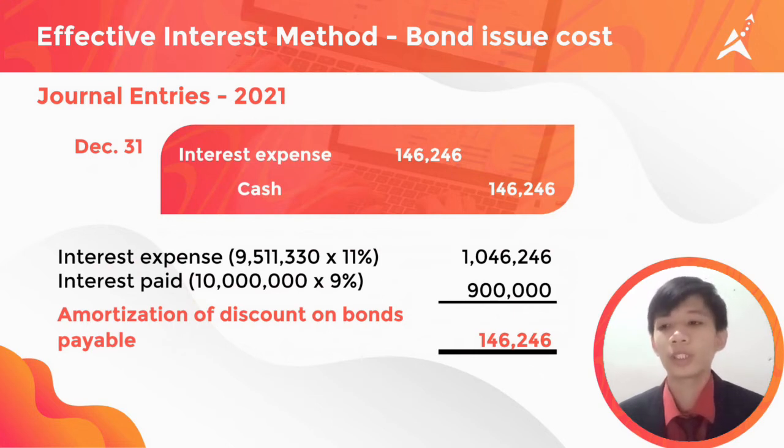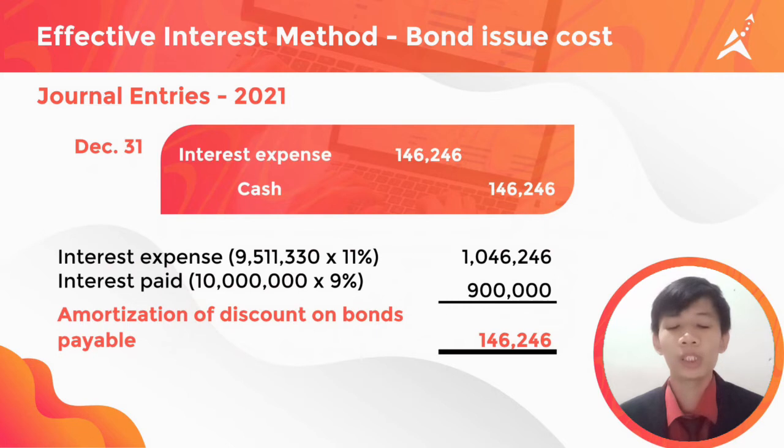The computation is as follows. The interest expense is acquired by multiplying the 9,511,330 net proceeds by the 11% new effective rate, which results to 1,046,246, and the interest paid is acquired by multiplying the principal by the 9% stated rate.